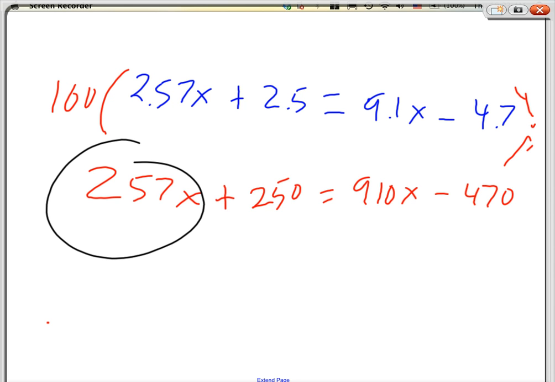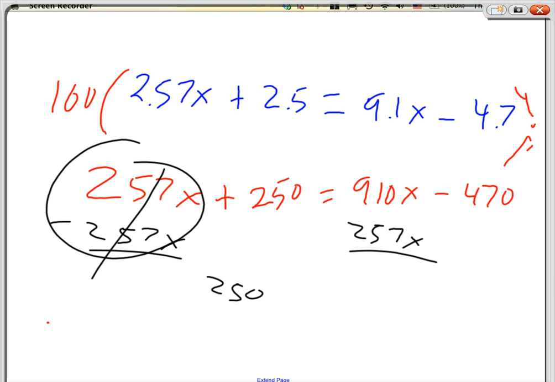And clearly, we have to subtract. So I subtract 257x over. This is gone on this side, and I have 250 equals, what is 910x minus 257x? 653x. Very good. Minus 470.